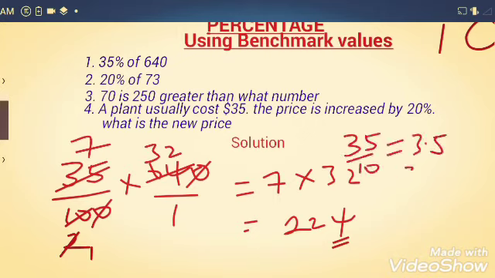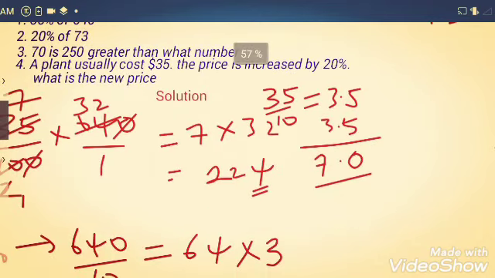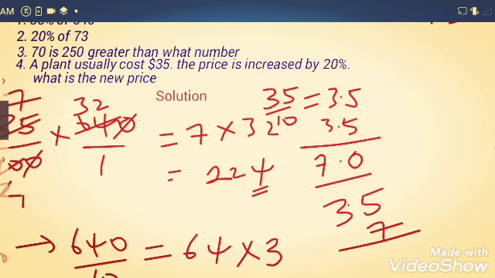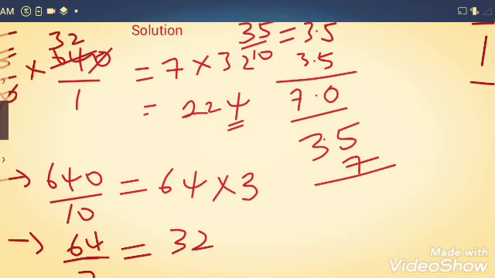That means 20% is going to be 3.5 plus 3.5, which gives us 7.0. They said it is increased by 20%, so we're adding this 7.0 to our 35. 35 plus 7 gives you 42.